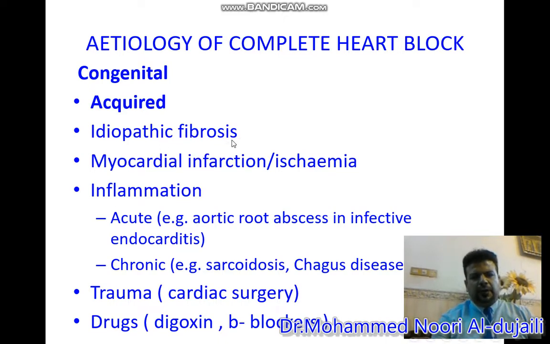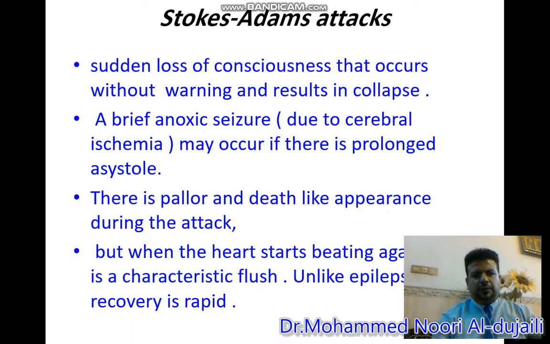Acquired causes may be due to fibrosis, ischemia or AMI, inflammation such as infective endocarditis causing aortic root abscess, chronic inflammation such as sarcoidosis and Chagas disease, or trauma such as cardiac surgery, which can damage the Purkinje system, the bundle, or the AV node. Drugs such as digoxin and beta blockers can also cause a type of complete heart block.